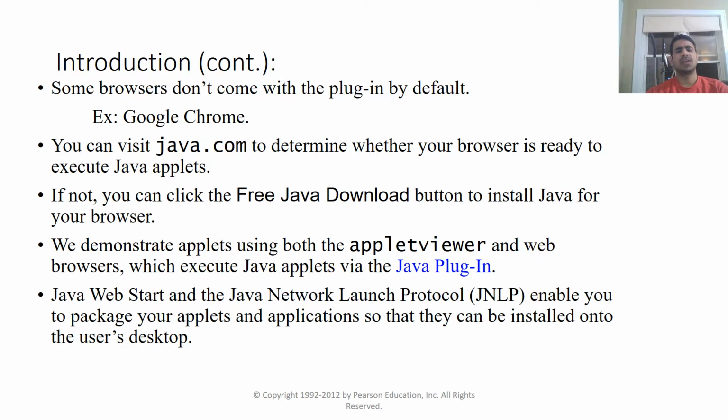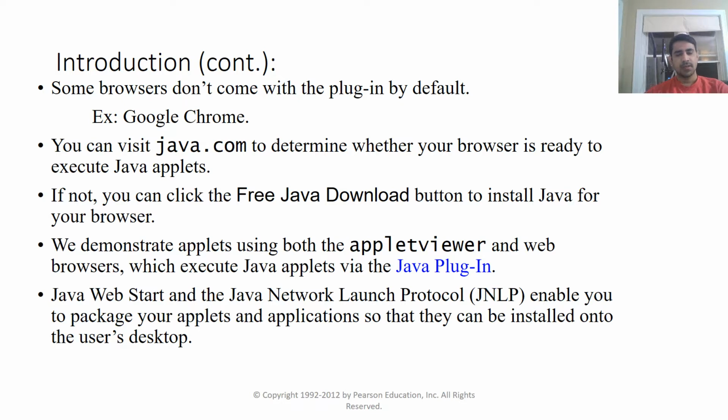To check whether a browser supports Java applets or not, we can go to java.com, where you can find out whether your browser is ready to execute Java applets. If not, you can click the free Java download button to install Java for your web browser. It is compulsory to have Java for your web browser to run applets.